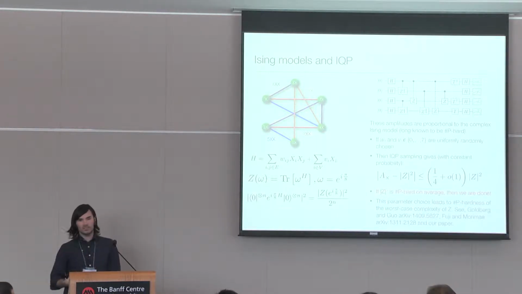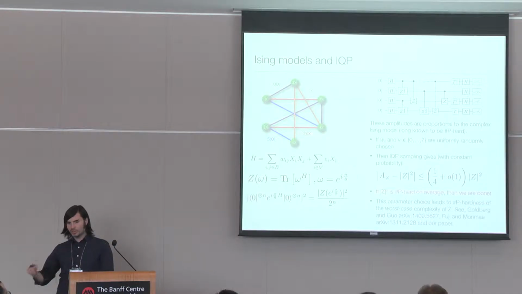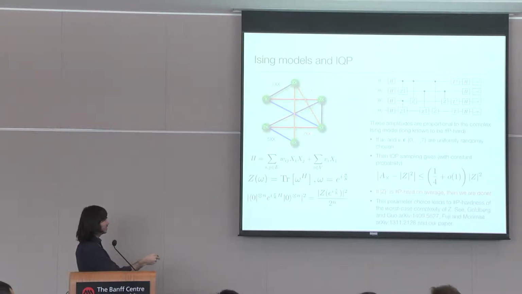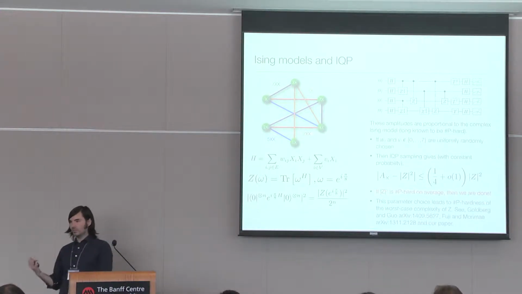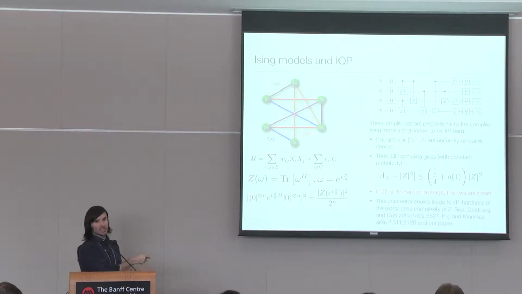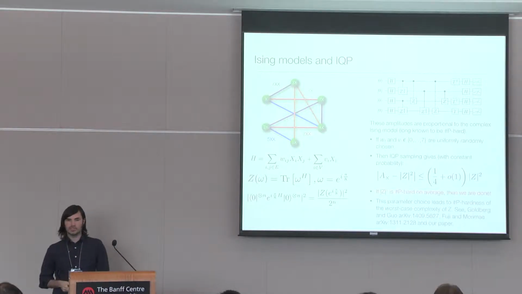You can write the partition function for that Hamiltonian, or the complex temperature partition function of that Hamiltonian, like this. The output probabilities from these circuits are always proportional to these complex temperature Ising model partition functions. This class of functions has the property that they stay #P-hard under multiplicative approximations.